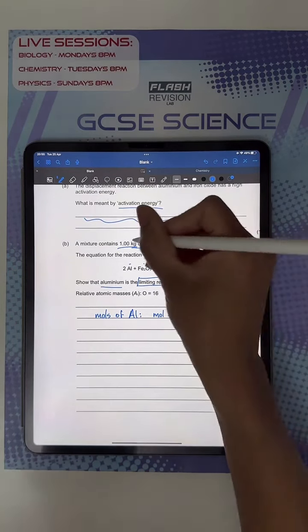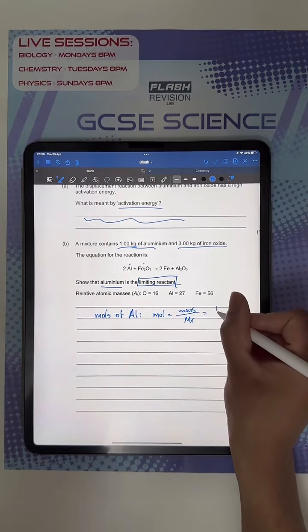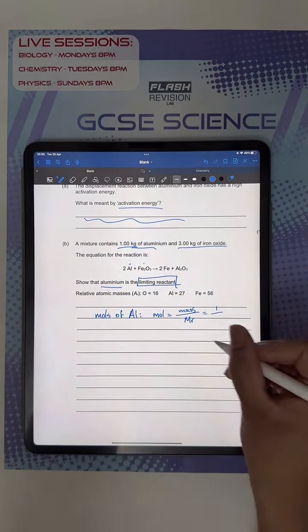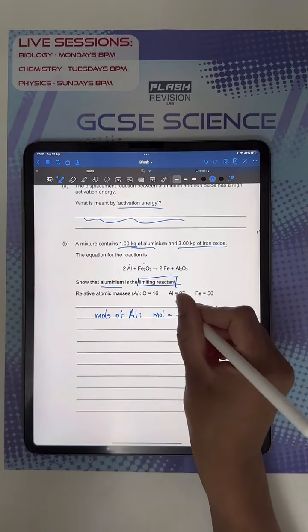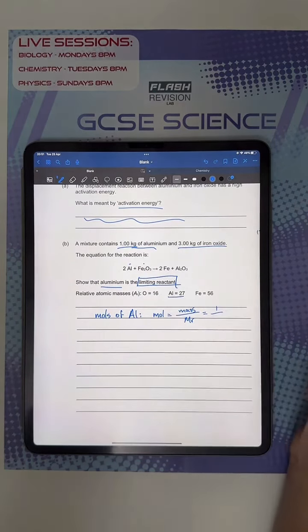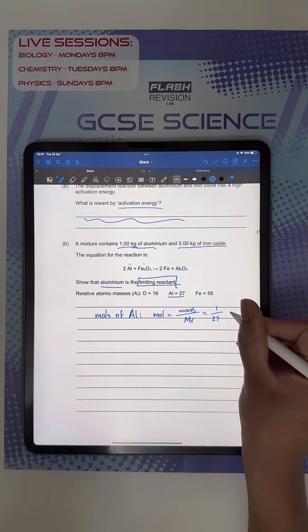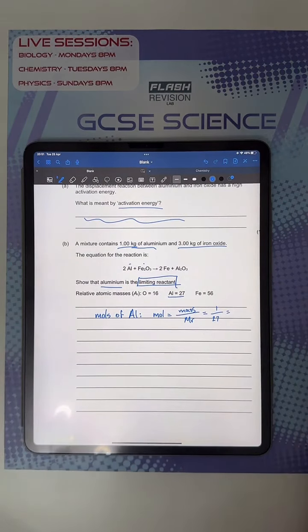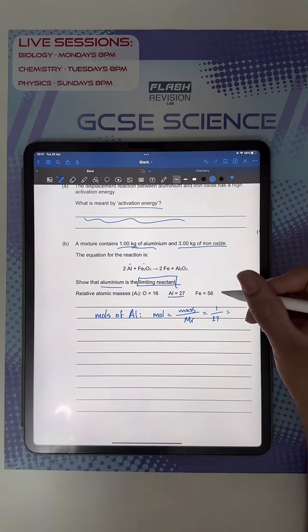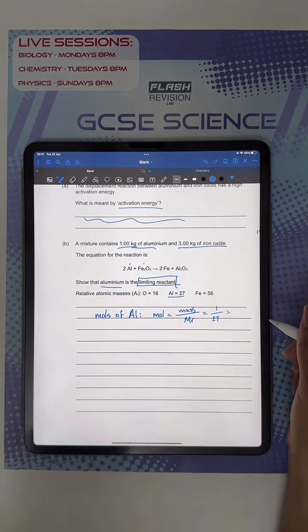So that would be 1 kilogram divided by the MR of aluminium, which is given to us here as 27. 1 divided by 27. Can someone tell me what that is? You can do 1,000 grams as well.